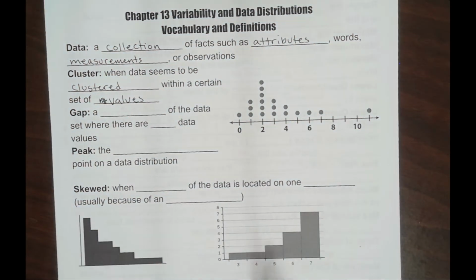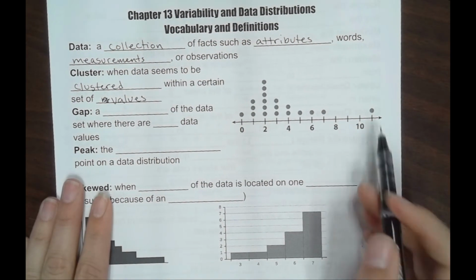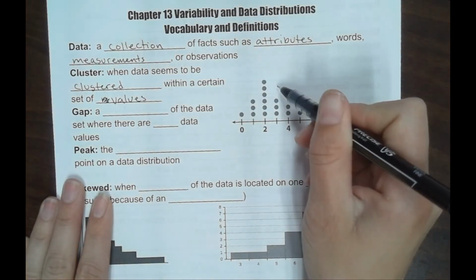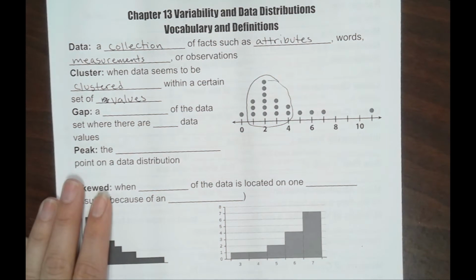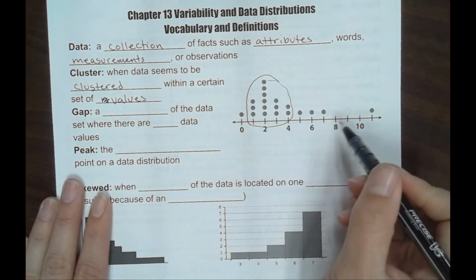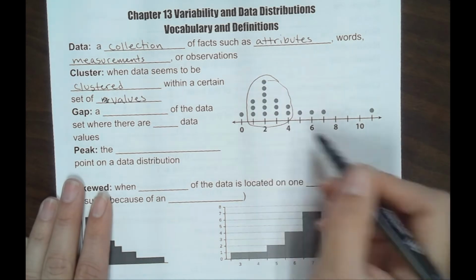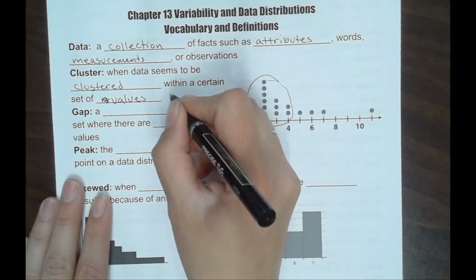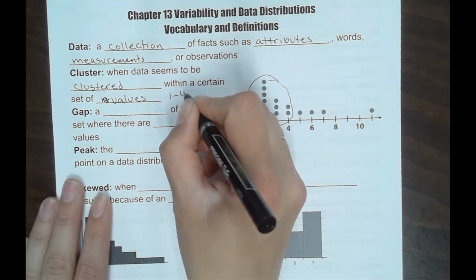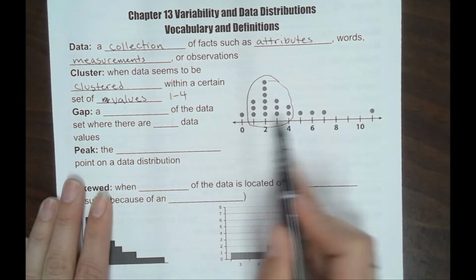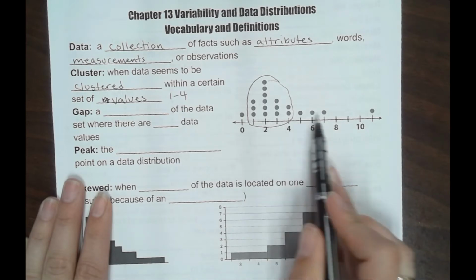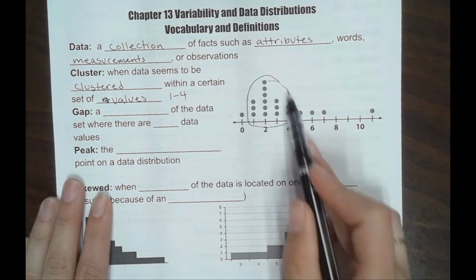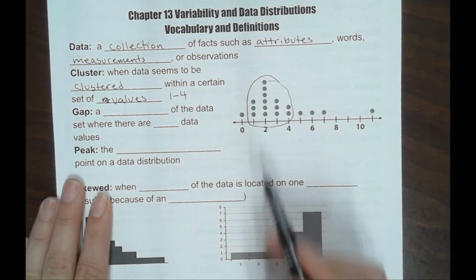So looking at this data set, you see how most of the dots are actually located right around here. So I could say that there is a cluster between 1 and 4. I probably could say 0 and 5, but just having 1 isn't really clustered together, whereas most of the data is found right there within that circle.